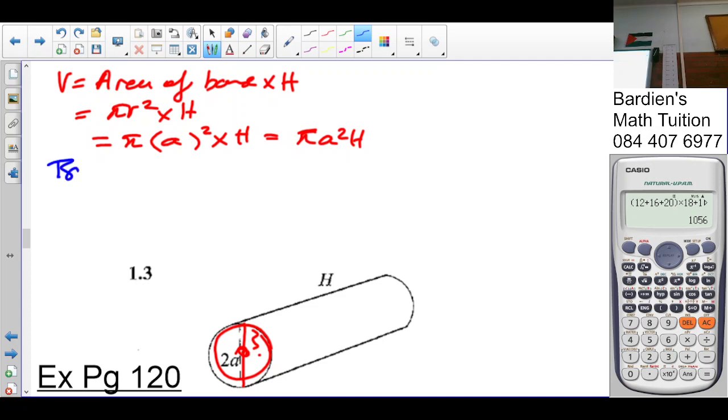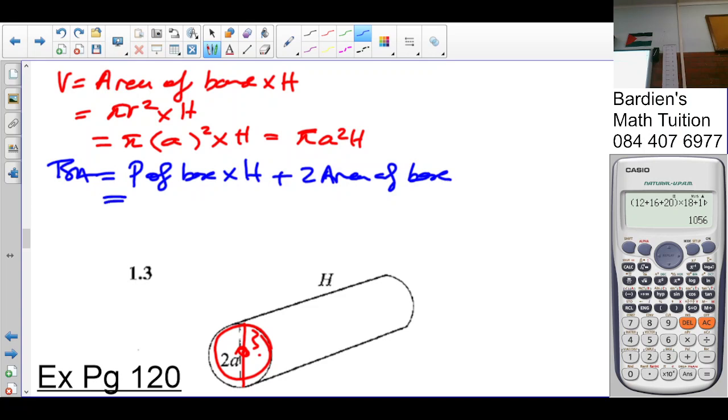Total surface area is perimeter of base times height plus 2 area of base. So how do you calculate the perimeter of a circle? 2 pi r times height plus twice the area of the base, pi r squared.